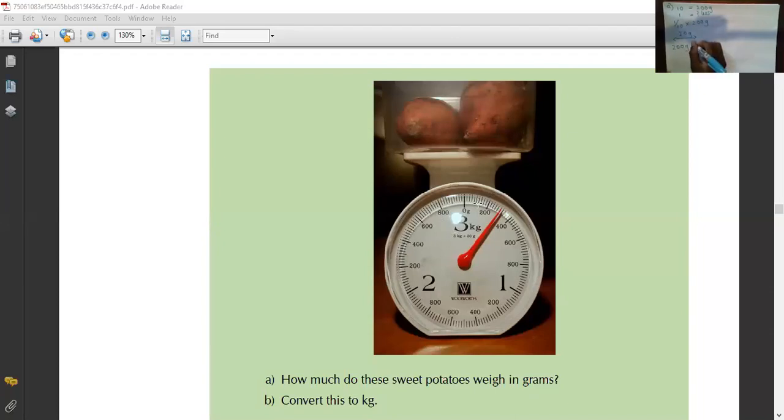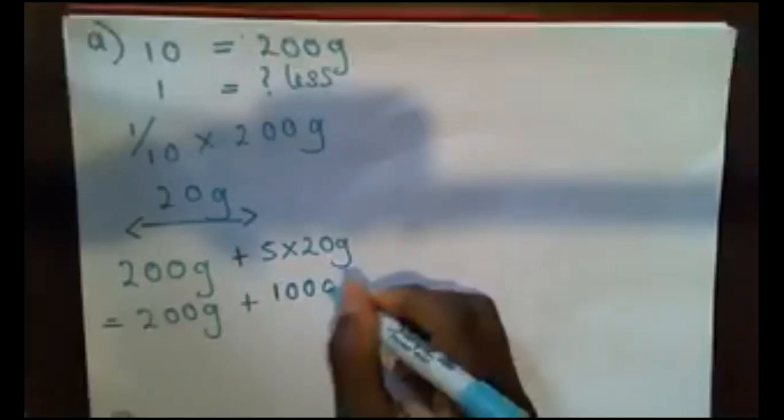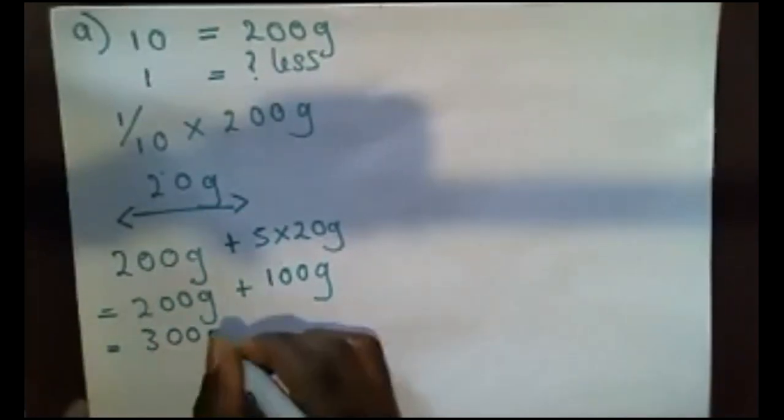So we need to say plus 5 times 20 grams. 5 times 20 grams, we have 100 grams. So 200 grams plus 100 grams will get us to 300 grams.